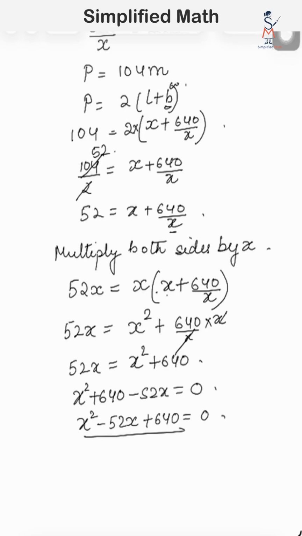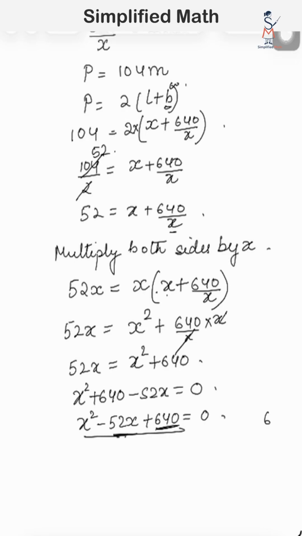How to factorize such a quadratic equation? That middle term, that is the x term, has to be split in such a way that when you multiply you should get 640. That means we need two numbers which when multiplied give 640, and when added or subtracted give minus 52.